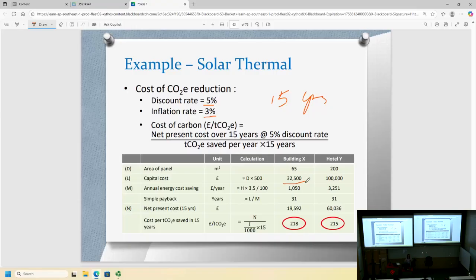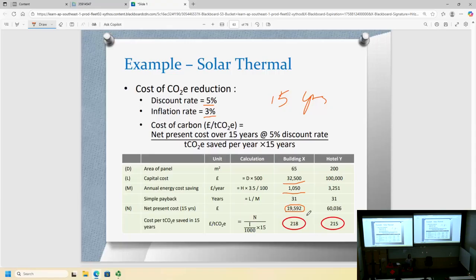So this is our investment. But every year we will get this in return. Every year we can save 1,050 pounds. And the net present cost is calculated to be this value.